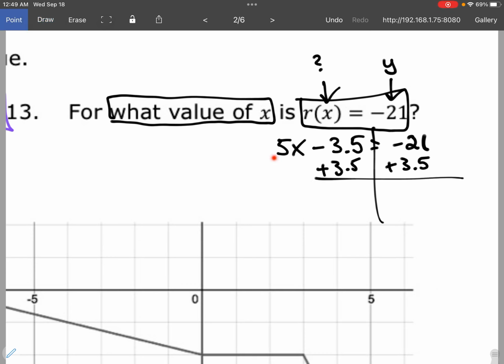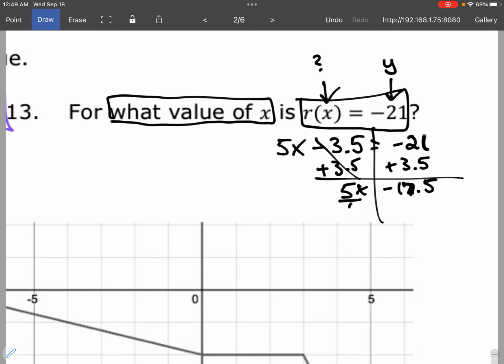They're best friends, so that's going to be our last step right there. First step is to get rid of the negative 3.5 by adding 3.5 to both sides. So I go into my calculator, negative 21 plus 3.5. I end up with negative 17.5. That is a 7, okay? Negative 17.5.